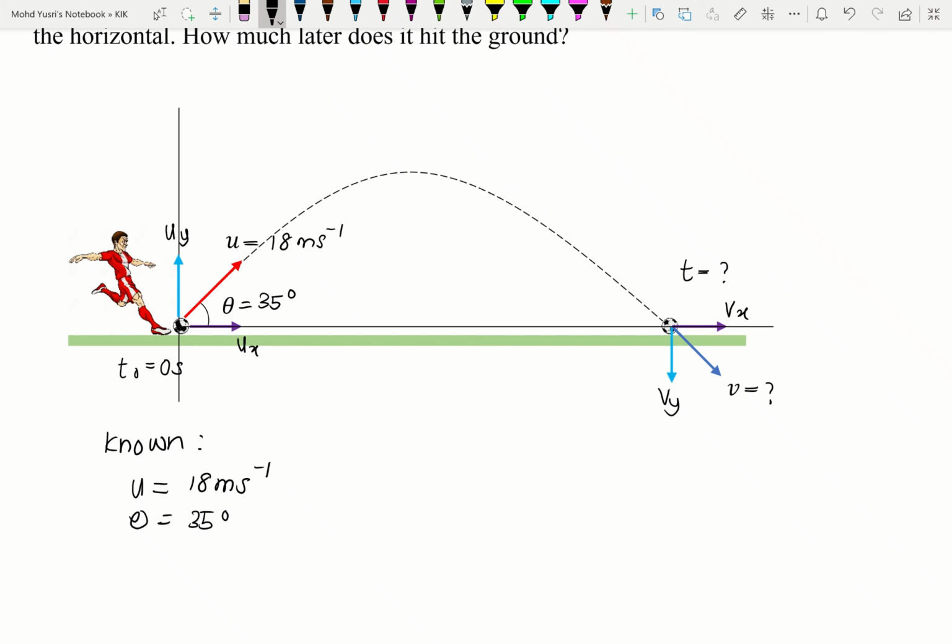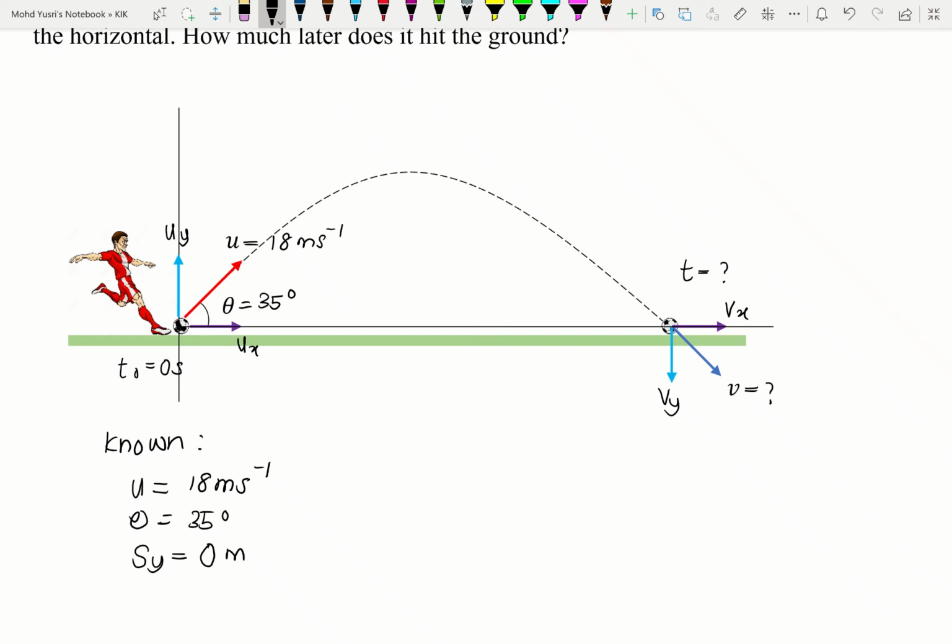However, there is hidden information that is very important to solve this problem. The first hidden information is the displacement in the vertical component. If we notice, the ball actually reaches level ground after being kicked by the player. In other words, the vertical displacement of the ball is 0 meters because it returns to its original height.